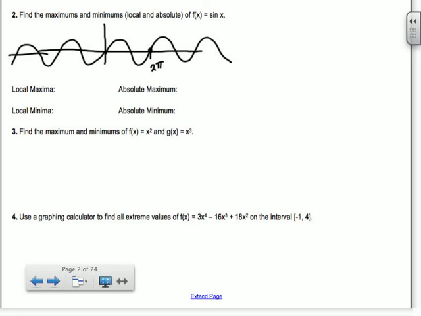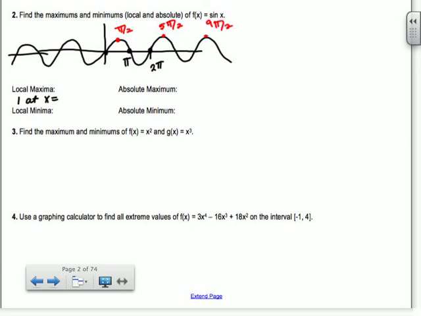So that means pi is directly between. So what would the local maxima be? It's 1. Where is it? Yep, it's at pi over 2. This would be 5 pi over 2. Add 4, 9 pi over 2.